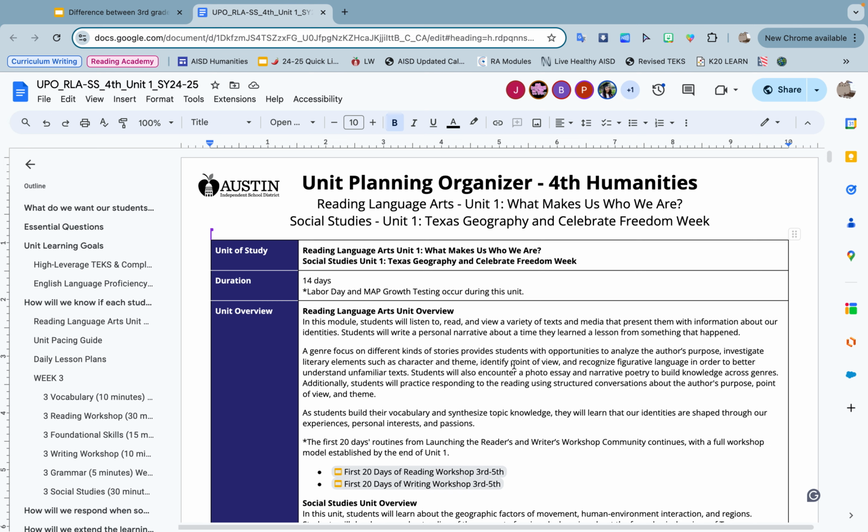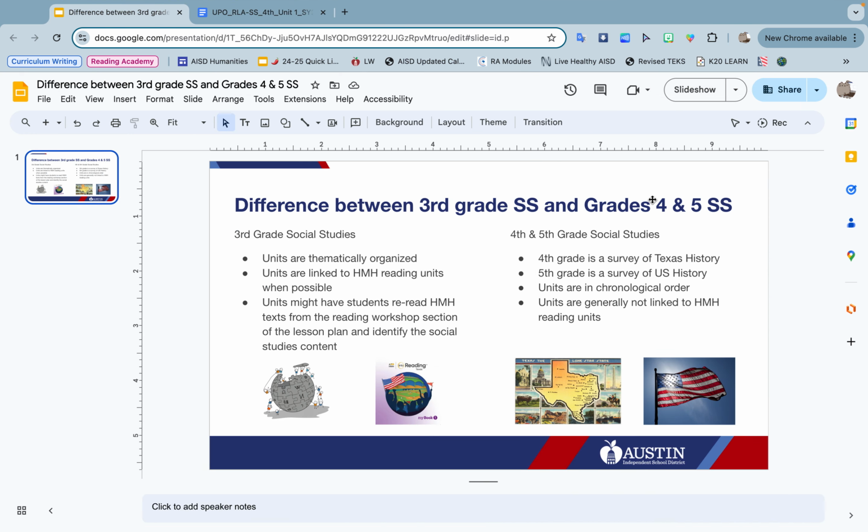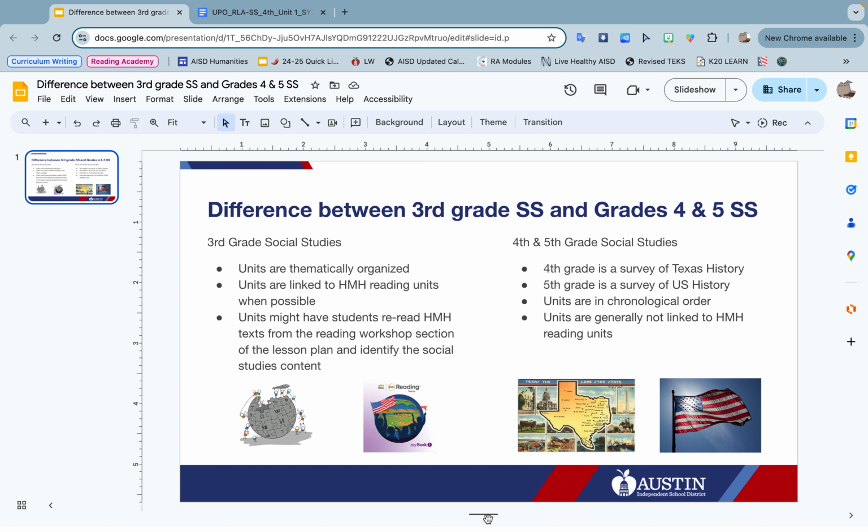Now we're using the same unit planning organizer that was shown in the previous sections of this video, just to show you the final section on the social studies block. Before I go into the parts of the unit planning organizer, which are the same for 3rd through 5th grade, I do want to point out something about the difference between 3rd grade social studies and 4th and 5th grade social studies.